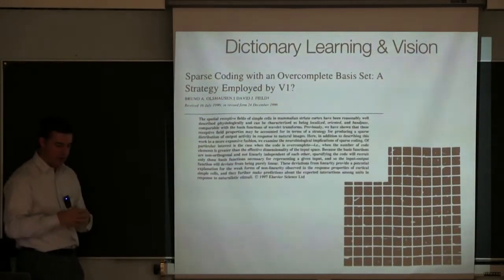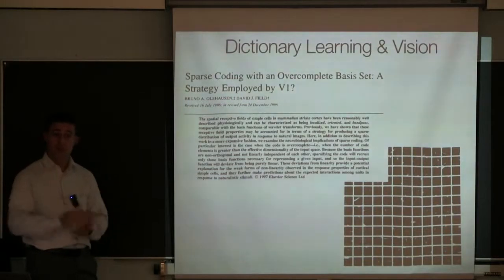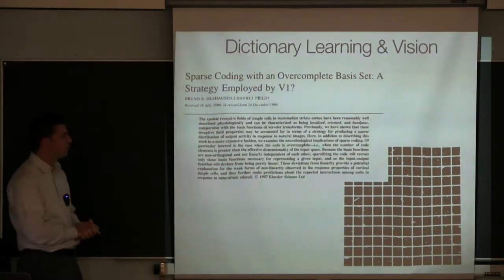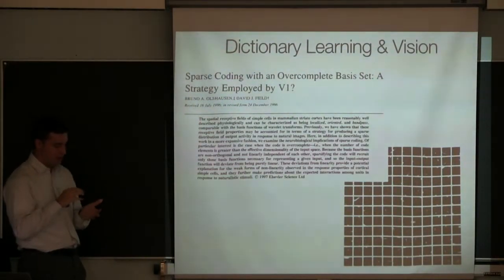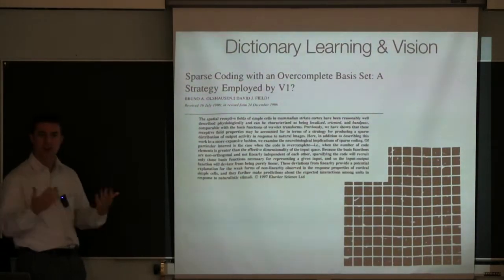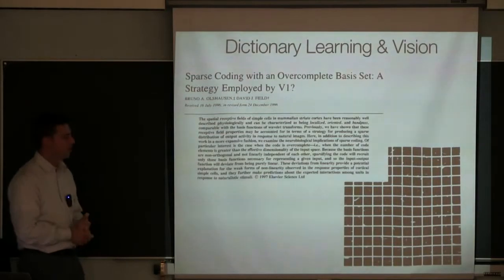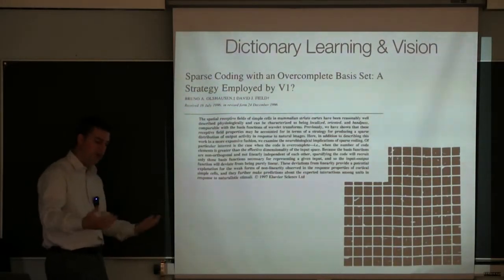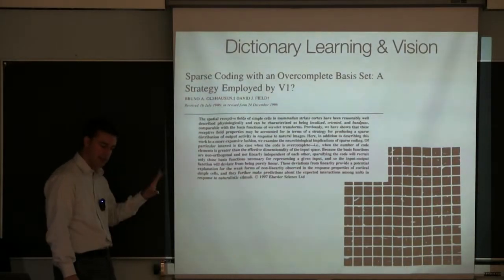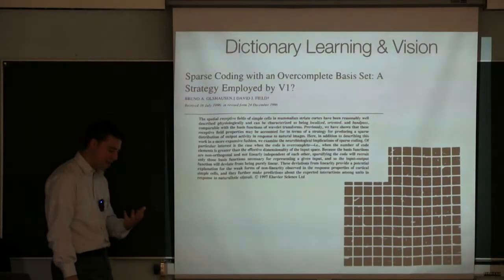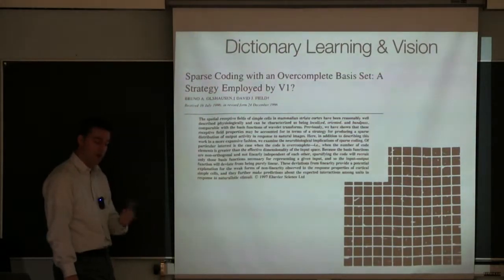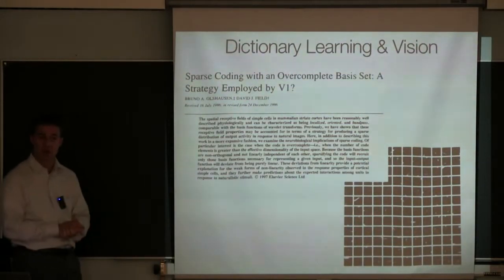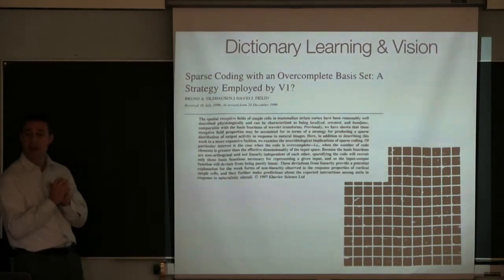And so they said, well, let's look at lots of image patches, and let's try to find a set of responses that compress the set of patches well. And they wrote down an optimization problem formalizing this, and I will have a short description of it in a moment. And they solved the optimization problem, and the receptive fields that they got were blob-like.